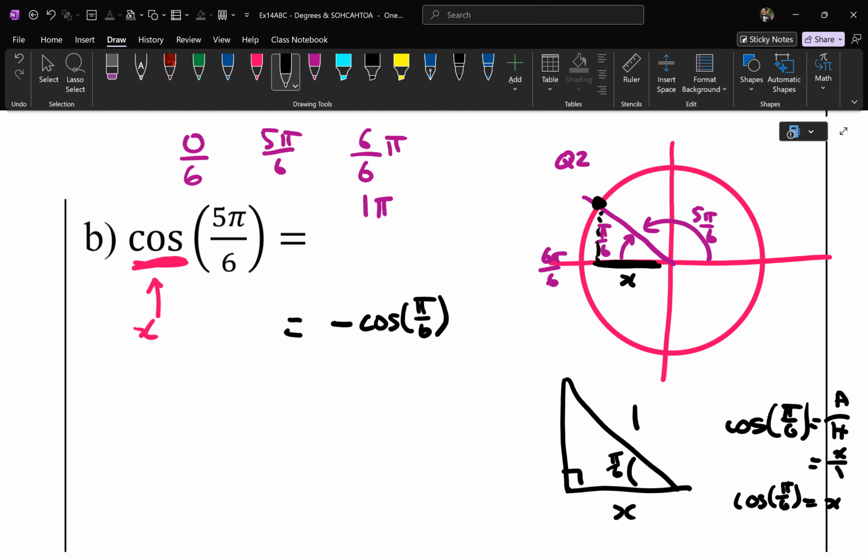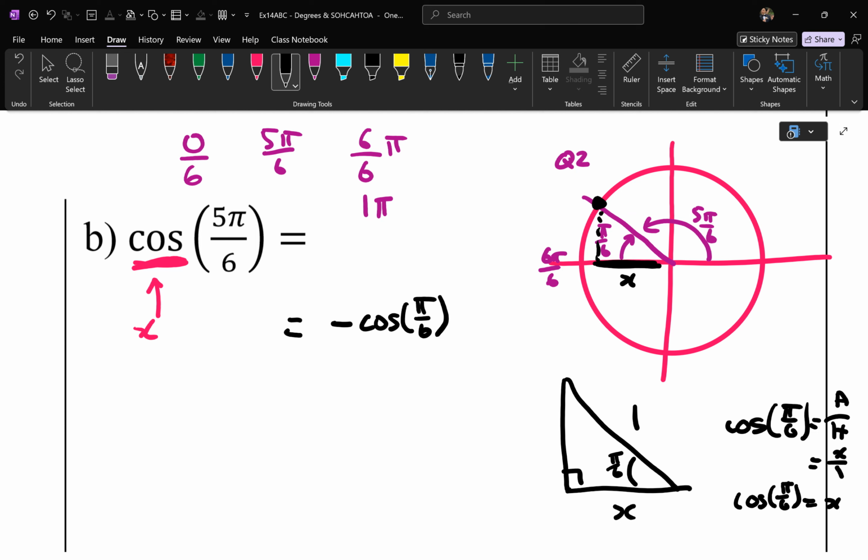This is all they want you to do for B and C. B and C is getting you to understand this bit. When you type on your calculator cos of 5 pi on 6, that's an obtuse angle. This is the acute angle. But they're both equivalent. They want you to see the equivalence because there are multiple ways of working around the circle to get that point.